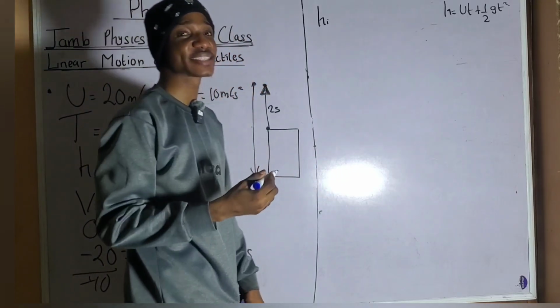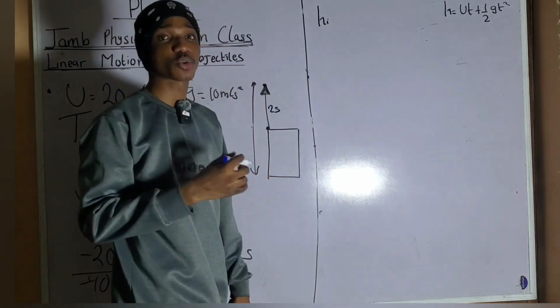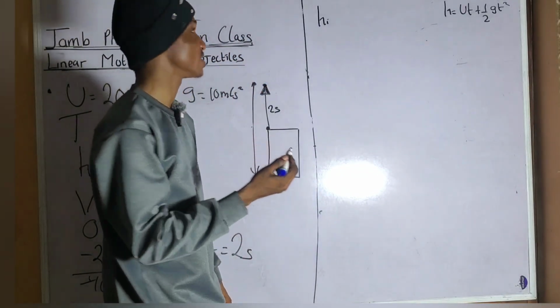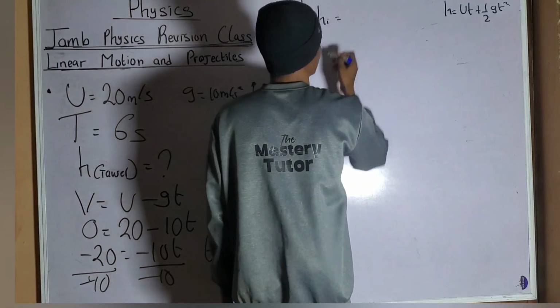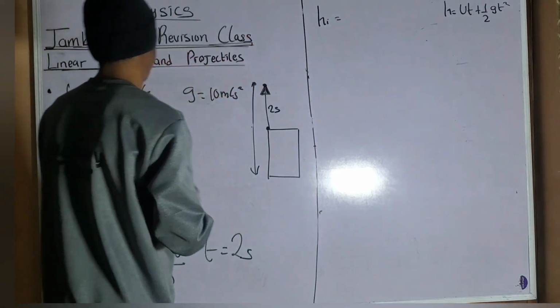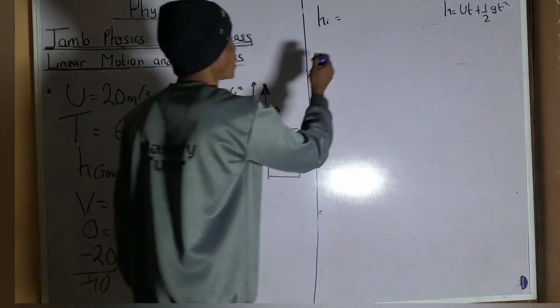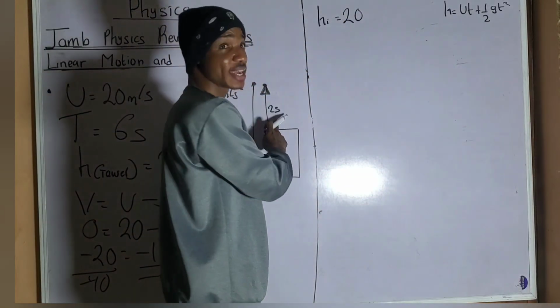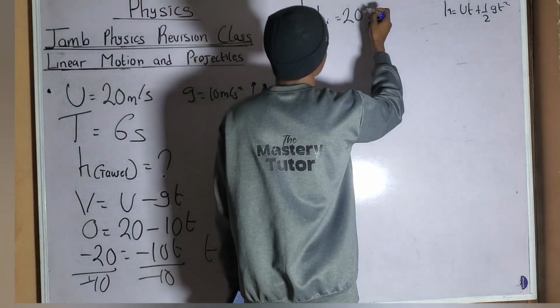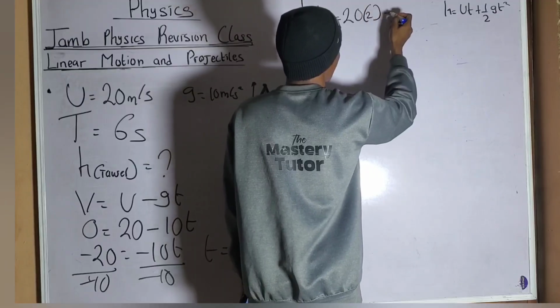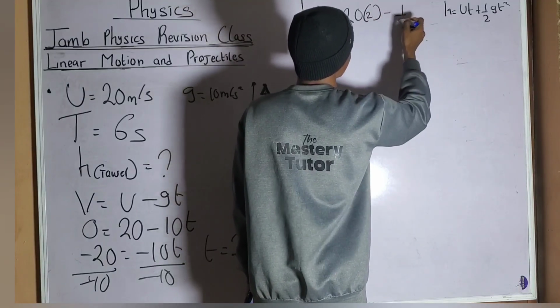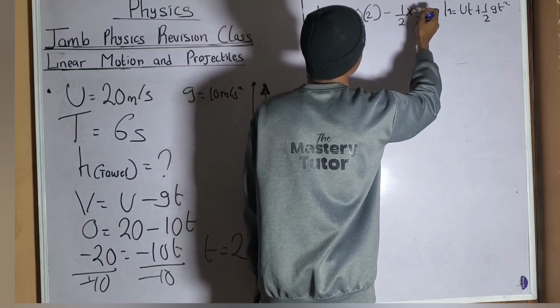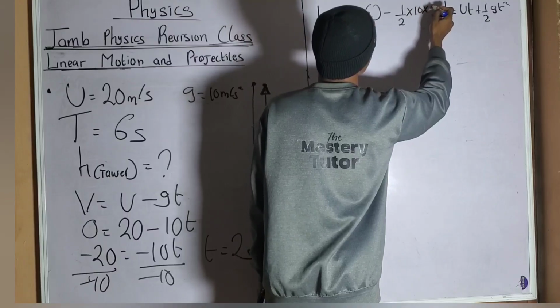H1 is the height that the ball covers when it was thrown up. So h1 is equal to ut. U is 20 meters per second, so I'm going to have 20 times t. The value of t will now be 2. So 20 times 2 minus 1 over 2 times 10 times 2 squared.